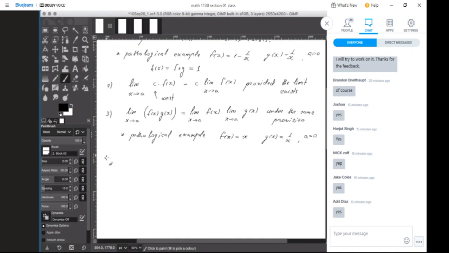And now let's put together something similar for the quotient.